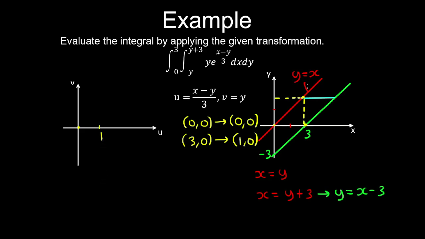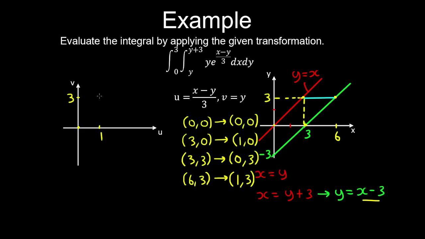And at this point, using the relationship y equals x, we have x equals 3 and y equals 3. So that gives u equals 0 and v equals 3. And at this point, using this relationship, when y is equal to 3, x is equal to 6. So that's the other corner point of our region in the xy plane. So what we have is u equals 1 and v equals 3. So this is our region of integration in the UV plane.